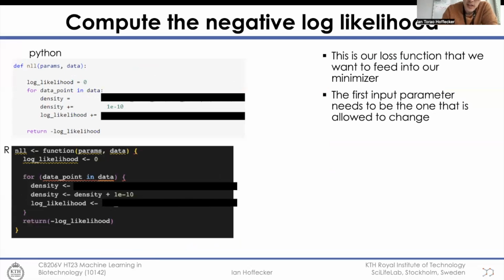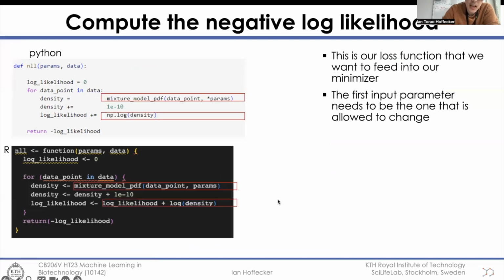The next step is then to compute the negative log likelihood. The idea here is that we have this function now to compute these probabilities, and now we need to call it. So we have the input here being parameters, which are going to be fed in by the minimizer, and then we have these fixed arguments that are also being fed in, and that's going to contain our data.